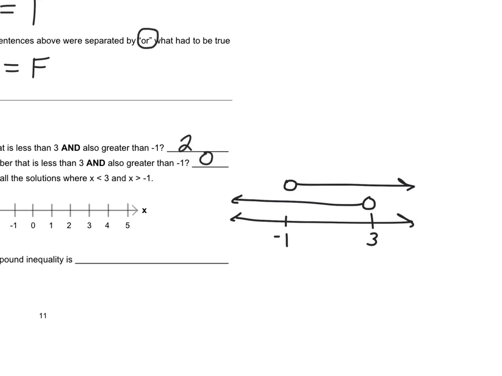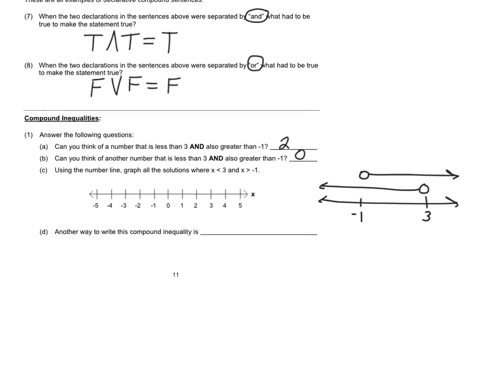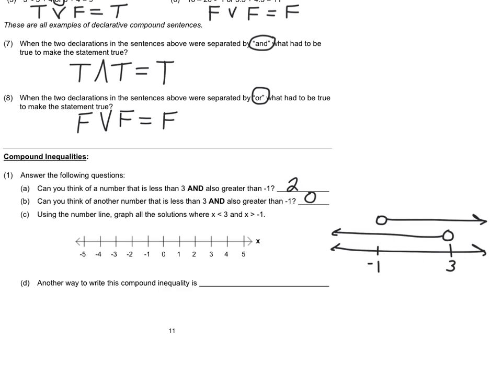So that's what the number line would look like generally. I mean, I'm not good at drawing. Should you draw it? Yeah. Anything I put down on paper is at least worthy of consideration of being in your notes. Using the number line, graph all its solutions.